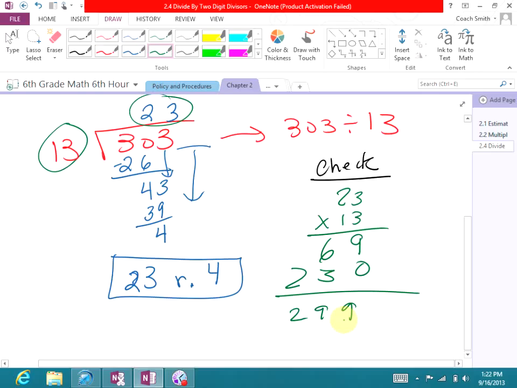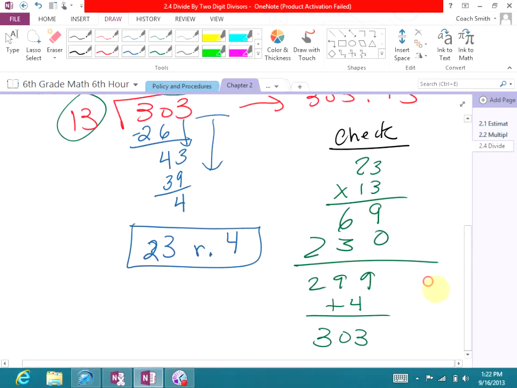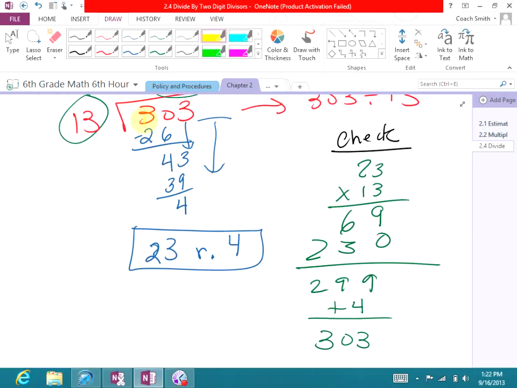No. But then I have to take our remainder, 4, and add it to the 299. When you do that, you get 303, which is this and that. They check out. Okay? So it did check. That is correct. Like I said, I am not requiring you to do that. It would be a good idea. Okay? I'm not going to count off if you don't. That's just a good way to check and make sure you've done it properly.